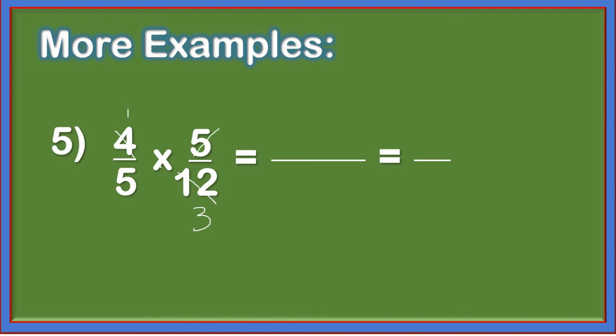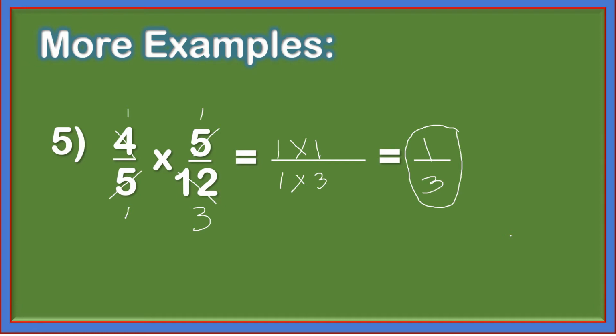Then, ito siya, dahil pareho sila, magiging 1 na ito at saka ito din. 1 na din. So, 1 times 1 equals 1. Then, 1 times 3 equals 3. Okay. So, ang ating sagot ay already reduced na din. The answer is 1/3. Okay, did you get that?